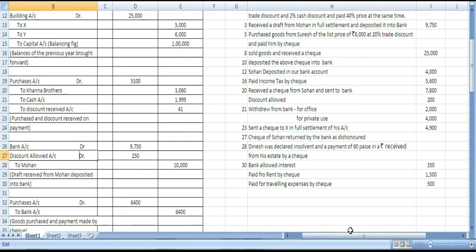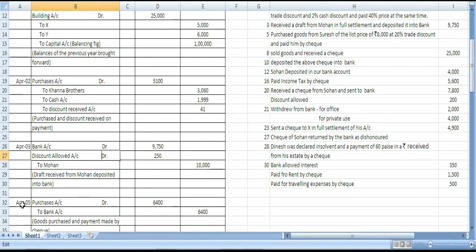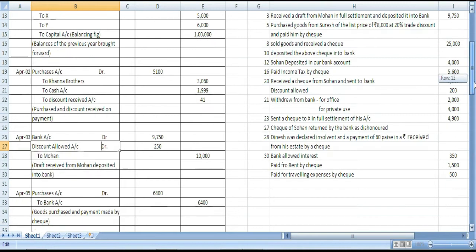Now, we have April 5. On April 5, purchased goods from Suresh of list price 8,000 at 20% trade discount and paid him by check. So, there is no question of any credit purchase because we already paid him by check. When we pay for expenses or goods through check, instead of cash we write bank.